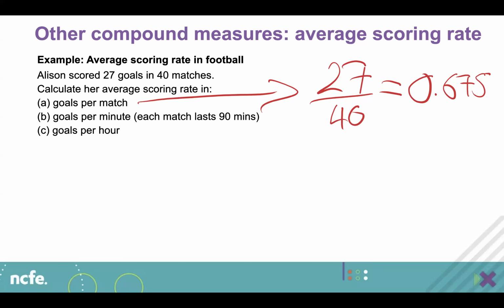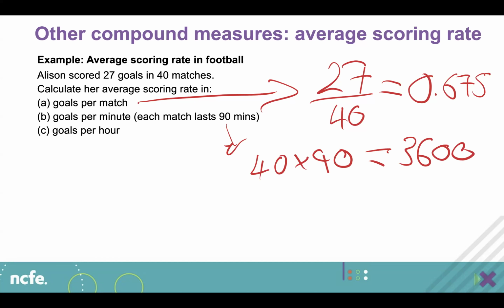So each match is 90 minutes. So if she plays 40 matches, all you do is 40 times 90 minutes per match. That's how many minutes played, assuming she's not being substituted. 40 times 90 is 3,600 minutes.